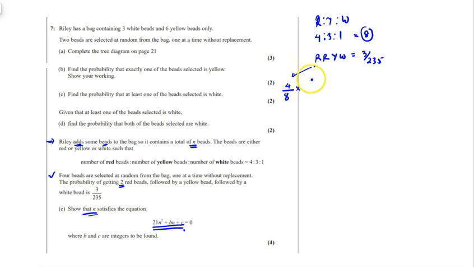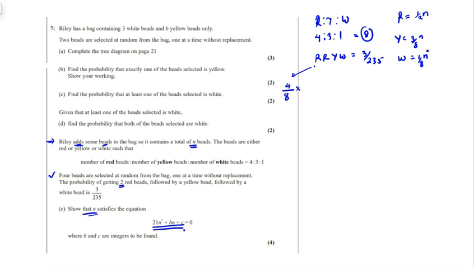The reds are half of all the beads. The yellows are 3 out of 8 of all the beads n. And the whites are 1/8 of all the beads in the bag.